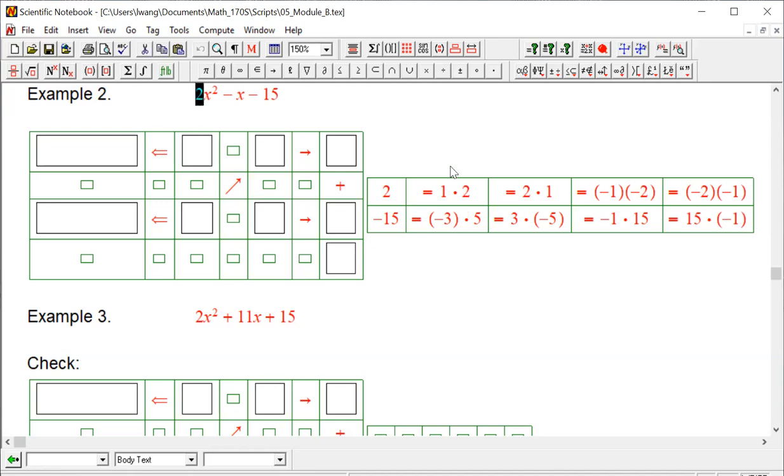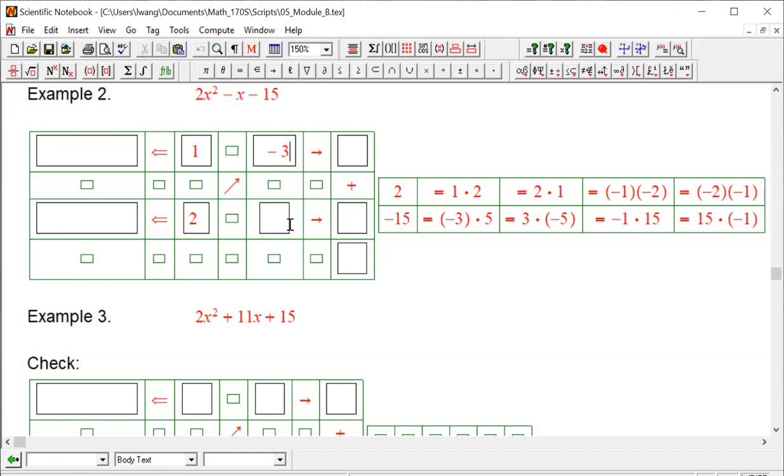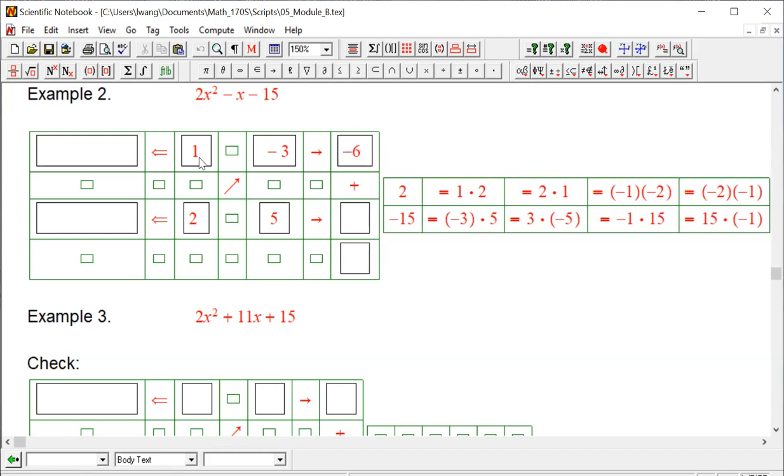So 2 equals 1 times 2. Let's try the option of negative 3 and 5. I'm going to put a negative 3 here and 5. 2 times negative 3 is negative 6, and 1 times 5 is 5. We got lucky this time.